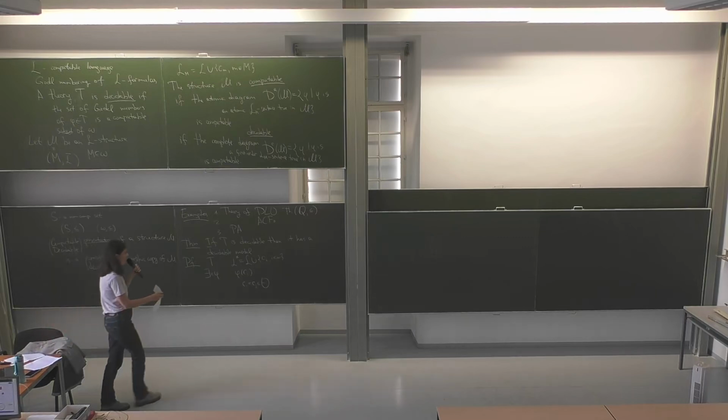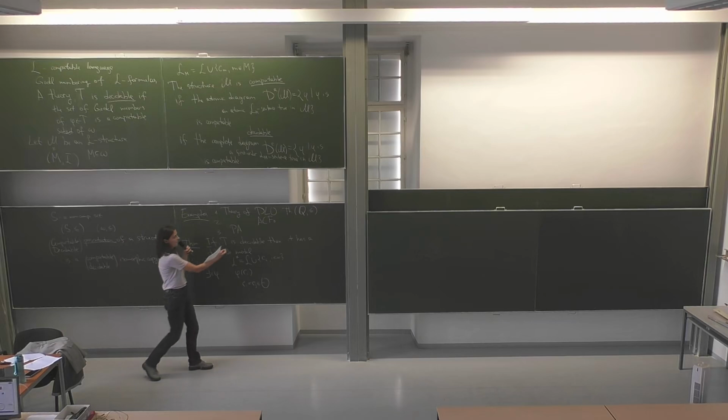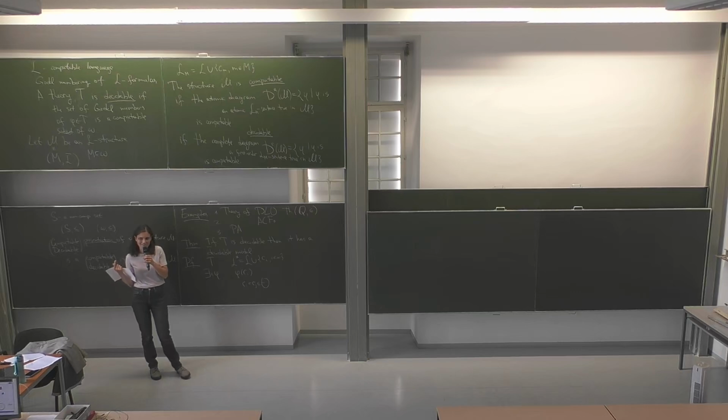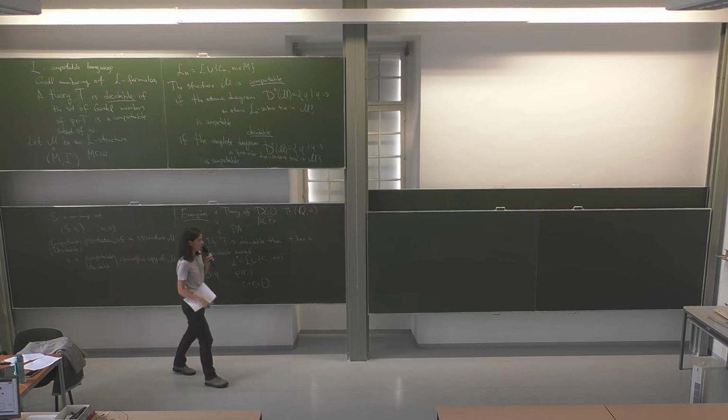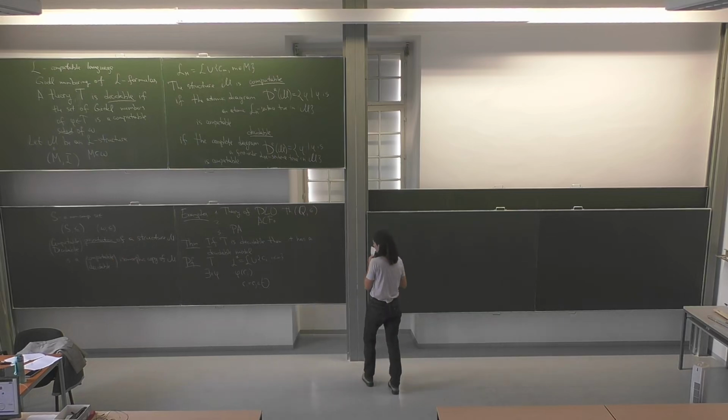So in particular, you see here that the only non-effective question that we ask in this construction is basically about consistency: whether a formula is consistent with what I have built so far. If the theory is decidable, then we can answer this computably. If the theory is not decidable, then we need one jump. With the help of one jump, we can do this, and this shows the corollary.